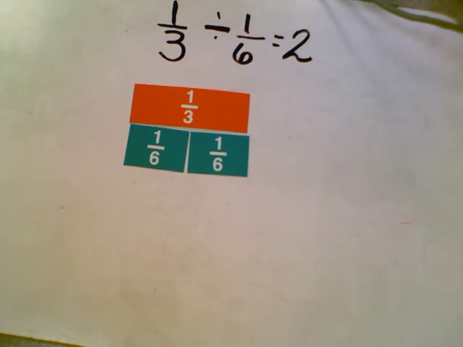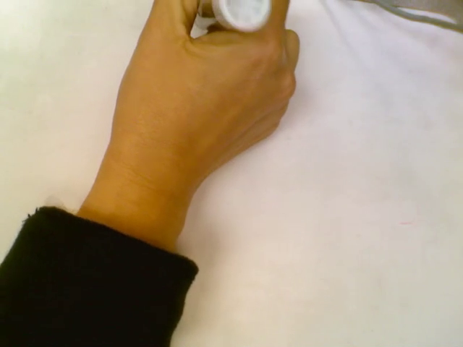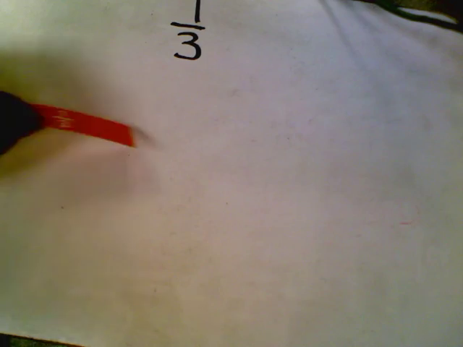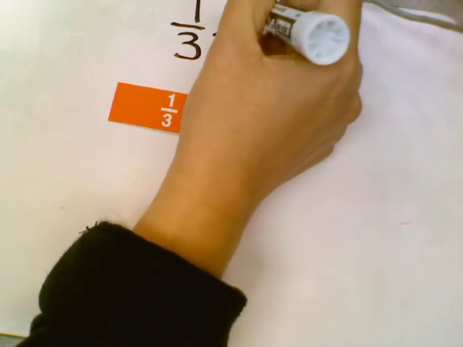So these problems were pretty easy. When we ran into difficulty was when we saw problems that looked like this. When we had 1/3 and we wanted to divide that by a half.